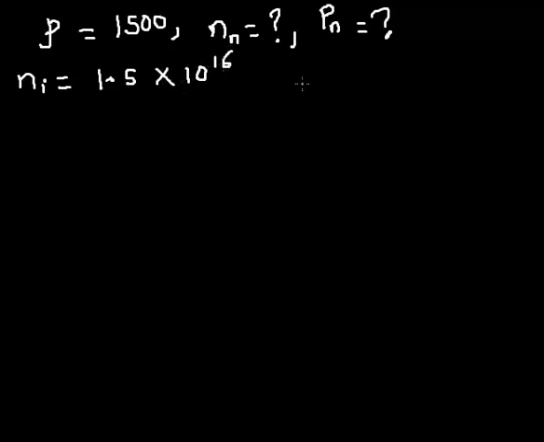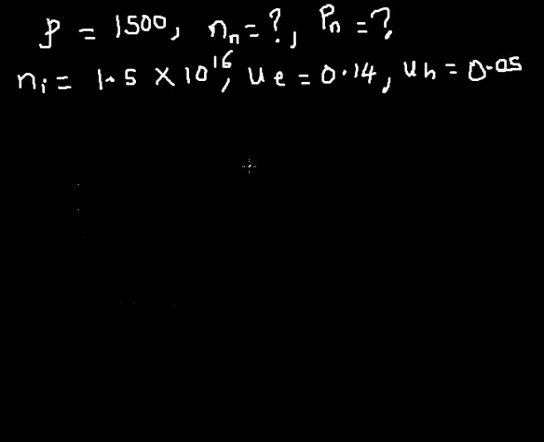We are also given the mobility of the electron to be equal to 0.14, and the mobility of the hole to be equal to 0.05. So how do we flow?